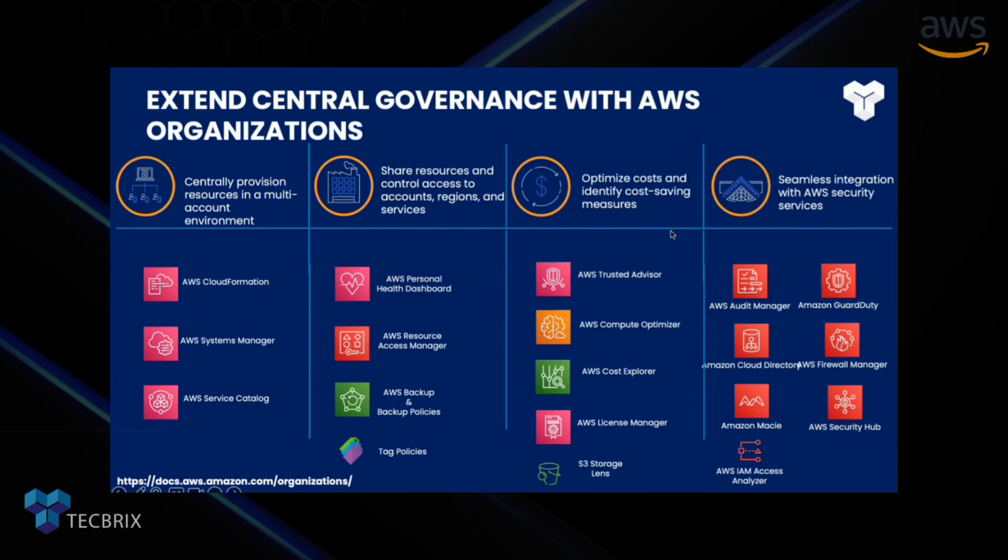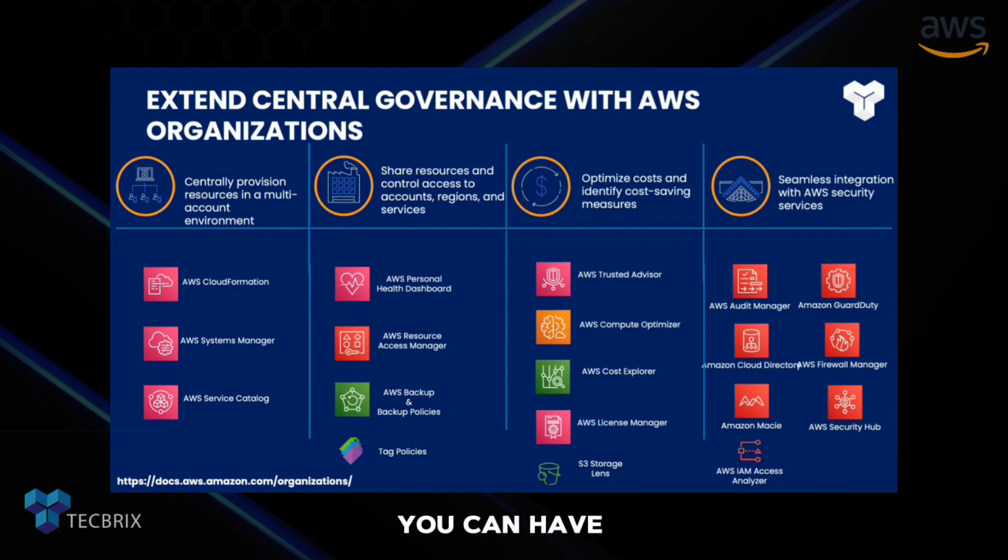Plus, you can have AWS Backup and backup policies, and tag policies implemented through these AWS services for all of your AWS accounts. Plus, if you want to optimize the cost and identify cost-saving measures, the best part of the organization is that for all the multiple AWS accounts, you have centralized billing through the AWS root account. Using AWS Cost Explorer, you can identify what AWS cost each account has, which accounts are using which services, and which account has room to save some cost.